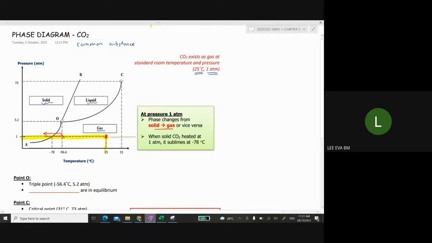When you heat solid carbon dioxide, known as dry ice, at 1 atm, heating means you increase the temperature, isn't it? So when you heat solid carbon dioxide, it sublimes at negative 78 degrees Celsius, which is at this point. It changes phase from solid straight into gas phase.